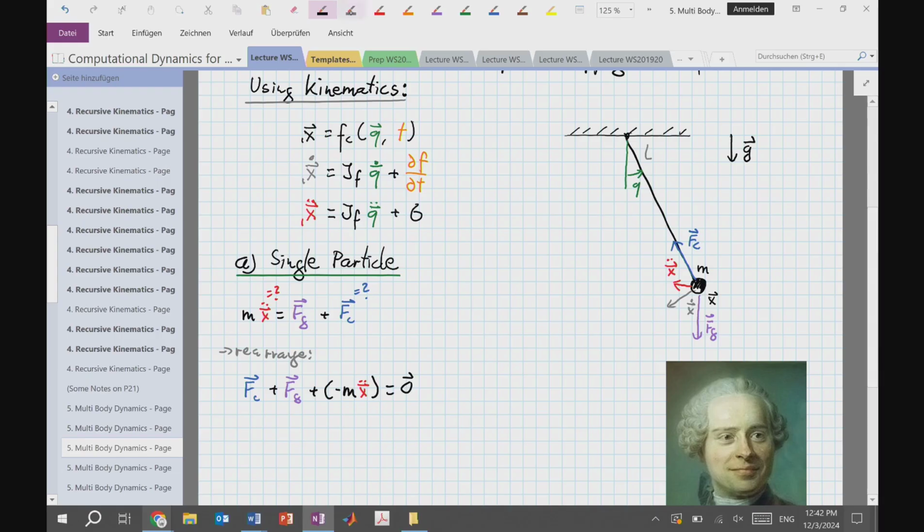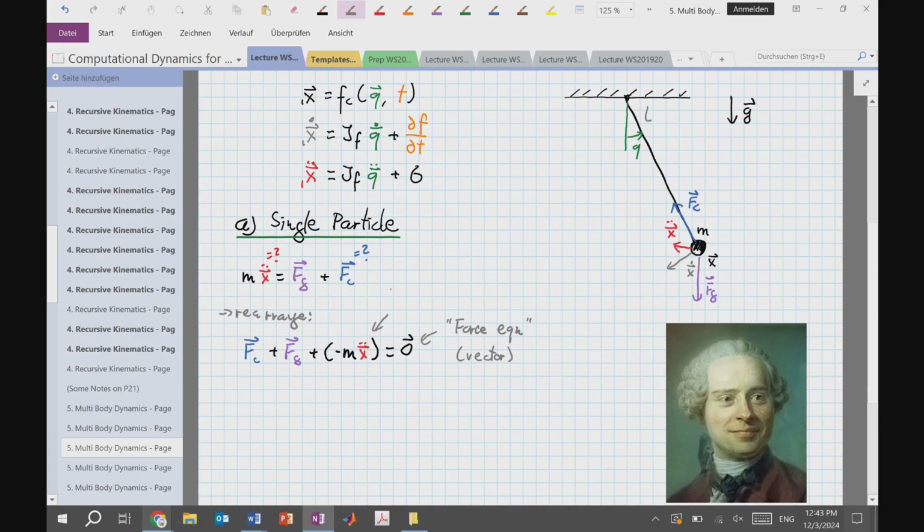Same equation, but it's now a little bit nicer to see that we basically have a balance of forces, right? So this is a force equation, vector valued, right? Two-dimensional for a little particle. And I'm basically going ahead and interpreting this term, minus m times x double dot, as a force. We're going to call this the D'Alembert force.